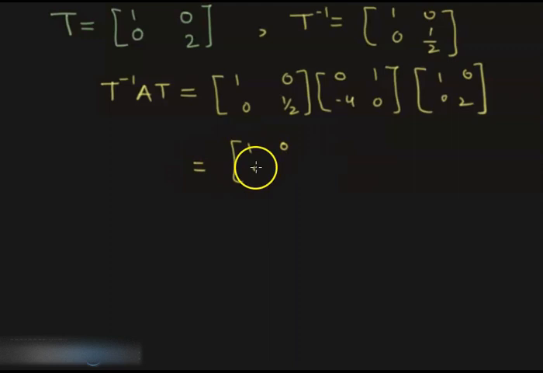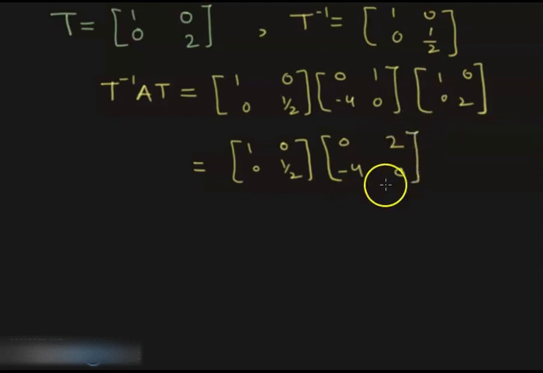If we carry on further operations, then this is going to be 0, 2, minus 2, 0. Do you recall this form?